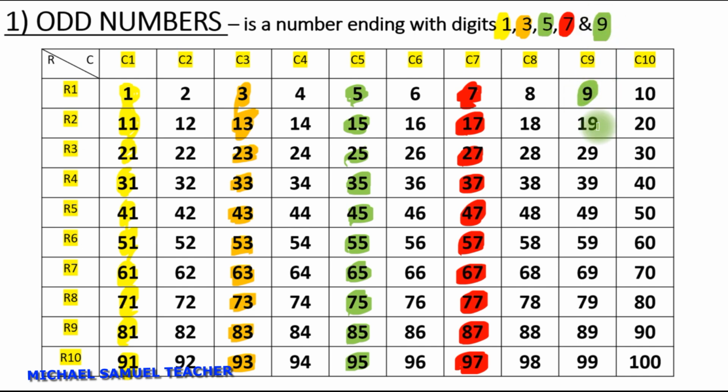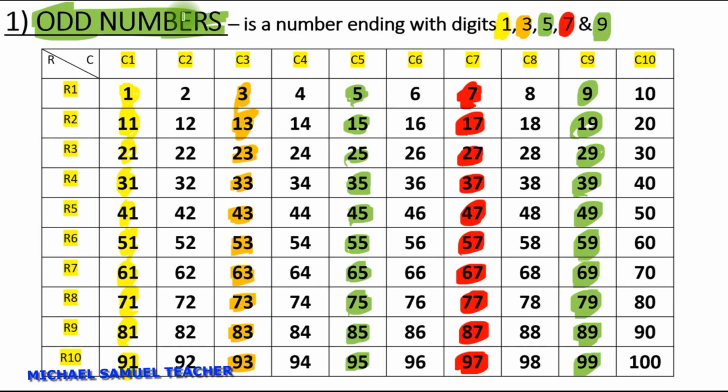In column 9, we have these numbers ending with digit 9, so they are all odd numbers between 1 and 100. So provided a number ends with 1, 3, 5, 7 and 9, then it's an odd number. That is all about odd numbers.